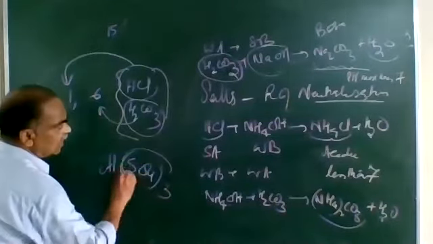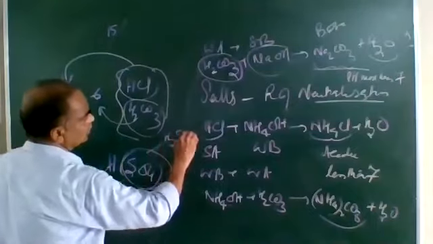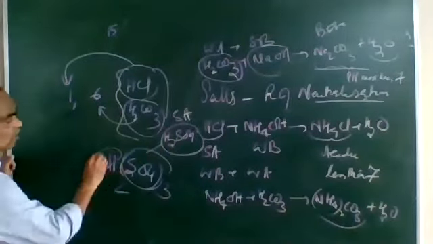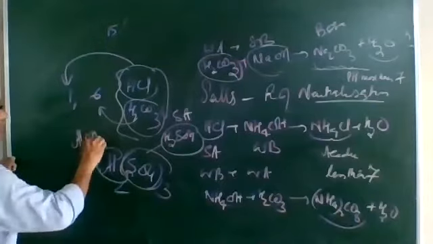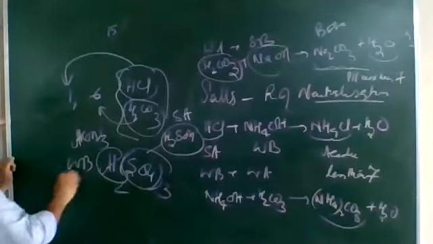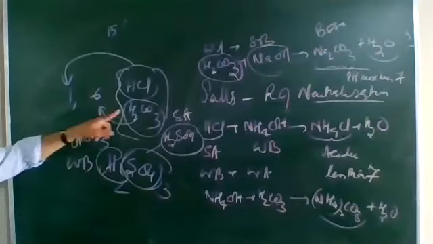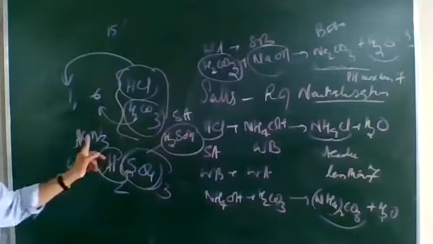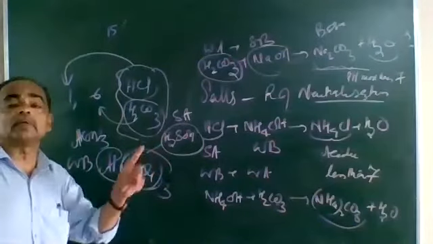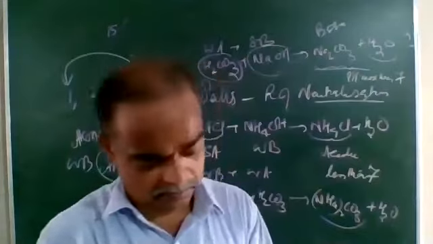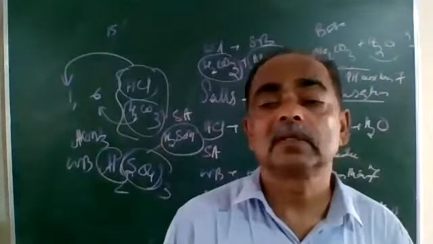So SO4 comes from H2SO4. This is a strong acid. And aluminum, from which we get aluminum hydroxide, is a weak base. So aluminum hydroxide and H2SO4, strong acid, weak base. So an aqueous solution of aluminum sulfate will be acidic in nature. This is another way to find out. Clear?